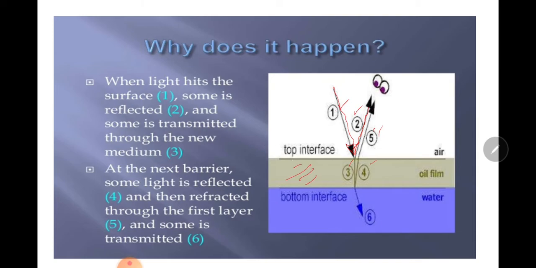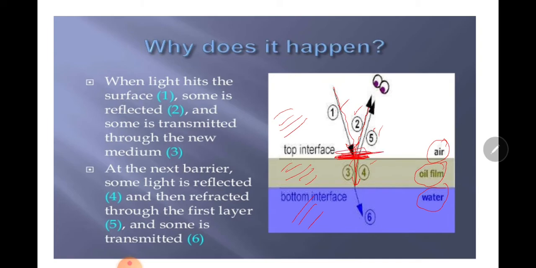This is top oil, this is water, and this is air. We have 3 media: air, oil, water. So some will be reflected from the top layer of oil, and some is transmitted, and then reflection will take place from the bottom.